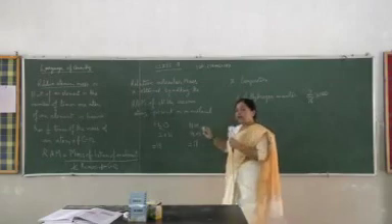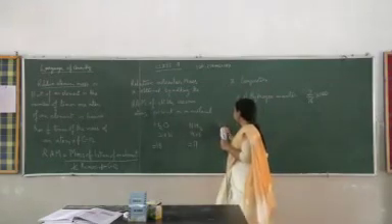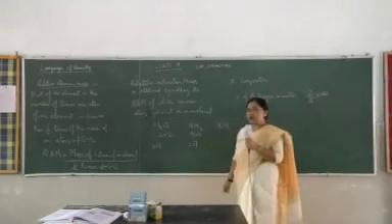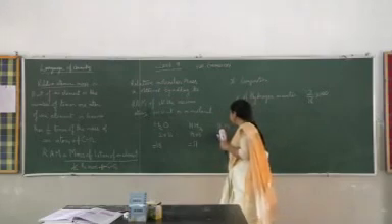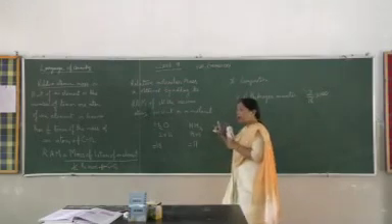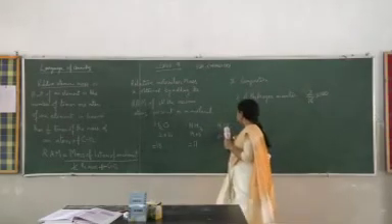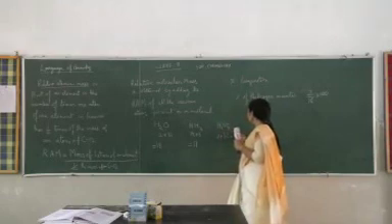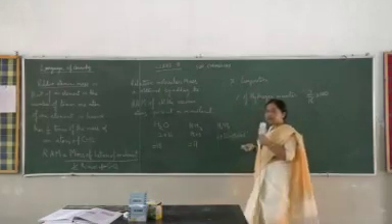Similarly, calculate the weight of, say, sulfuric acid, H2SO4. How will you calculate the molecular mass of H2SO4? We have to add 2 atoms of hydrogen, 1 into 2, 2 plus 32, that is sulfur. Oxygen is 16. And how many atoms? 4. This will be the molecular mass.